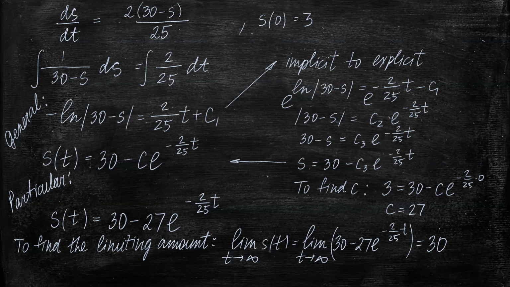So the answer is the limiting amount will be 30 kilograms. So yeah, we just examined two interesting applications, both of which led to the creation of a separable differential equation, which we luckily know how to solve.